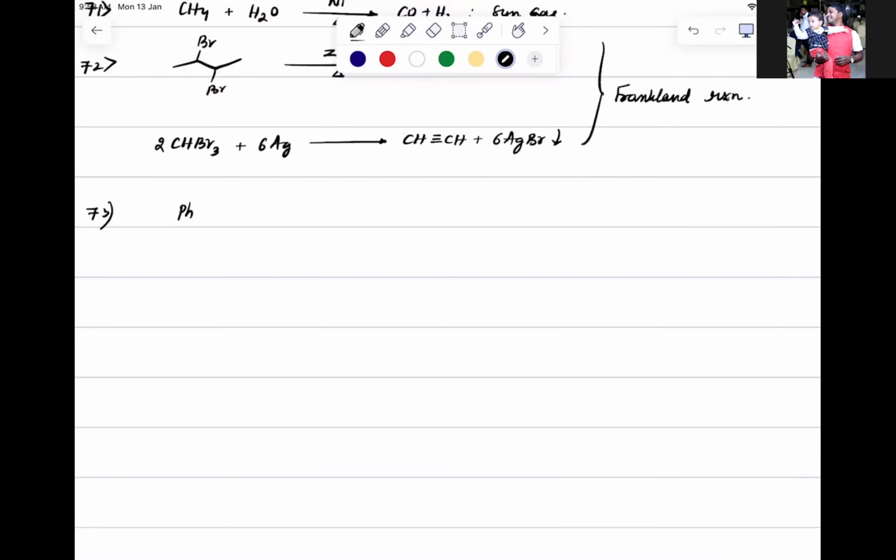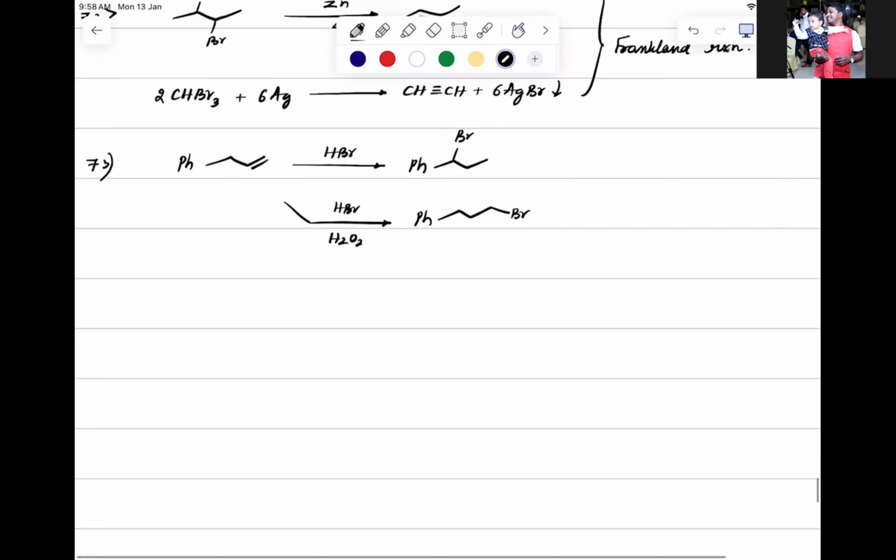Next. This is an in-text question. If an alkene is given like this in the presence of HBr, then the product is with a stable carbocation. But if the same thing is given with peroxide, H2O2, then it is anti-Markovnikov addition. Correct?